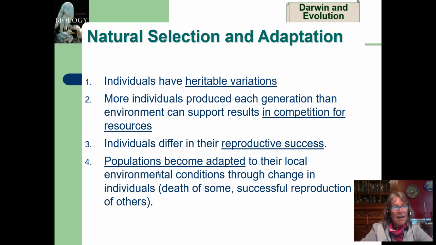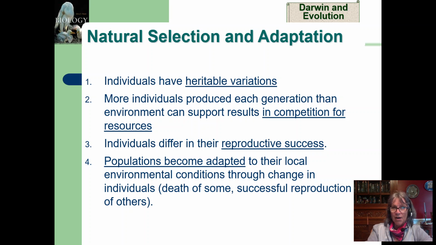So over time, populations will become adapted to their local environment, to the conditions that exist, through changes in individuals. The death of some, those that are less able to compete for the resources, will die off, maybe not in that generation, but in each successive generation, they will be less likely to pass their genes on.